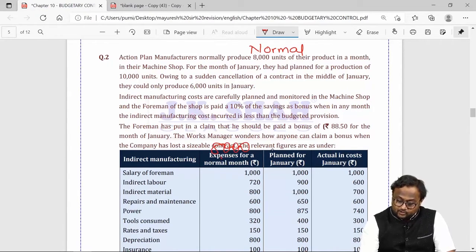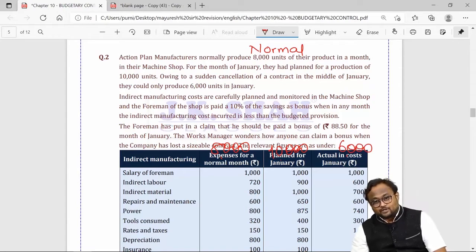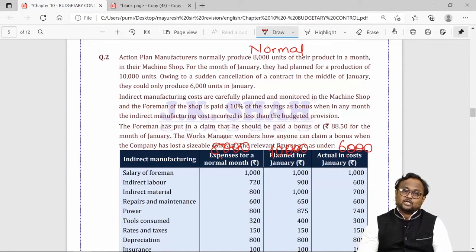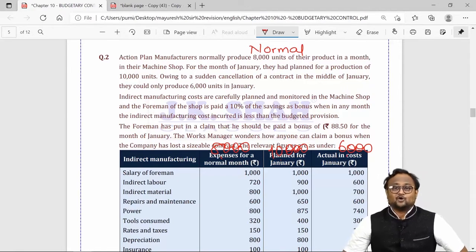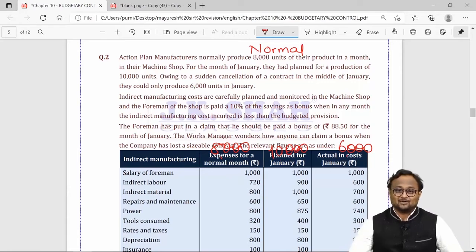They planned a production of 10,000, so this data was for 10,000. But the team has actually produced 6,000. That means the first column given in the question was for 8,000, the second column was for 10,000, and the third column was for 6,000 units.